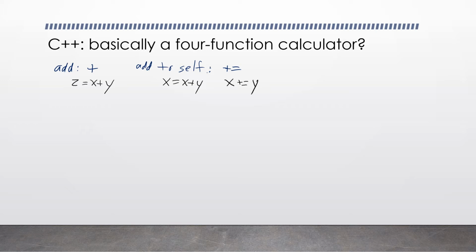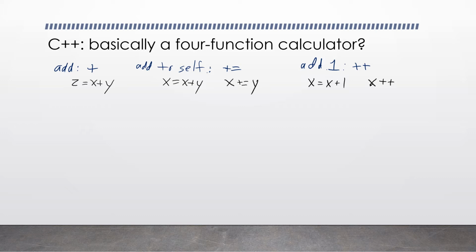And then we have another special shortcut to add 1. Again, typing x equals x plus 1 is a lot of unnecessary keystrokes compared to just typing x plus plus.